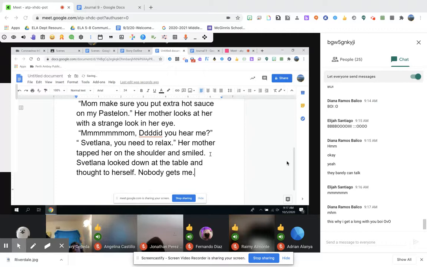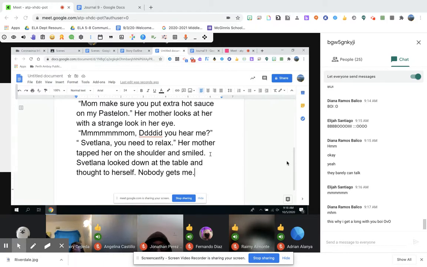Right? So again, this whole process is me taking my character that I'm going to put in my story about her at a party and thinking, all right, I want to really know what this character is like. How would she behave with her mom at her dinner table? And what would that interaction look like? So again, most of you didn't even start your story, right? Some of you might have had a little bit. So all you're going to do today is take your character, it could be any character, take them out of your story, put them in a normal environment, and then how is that character going to behave?